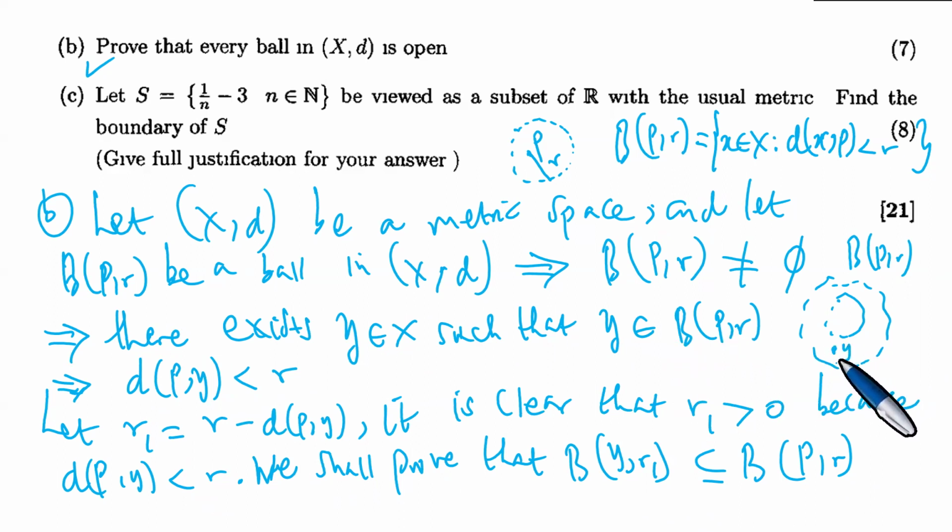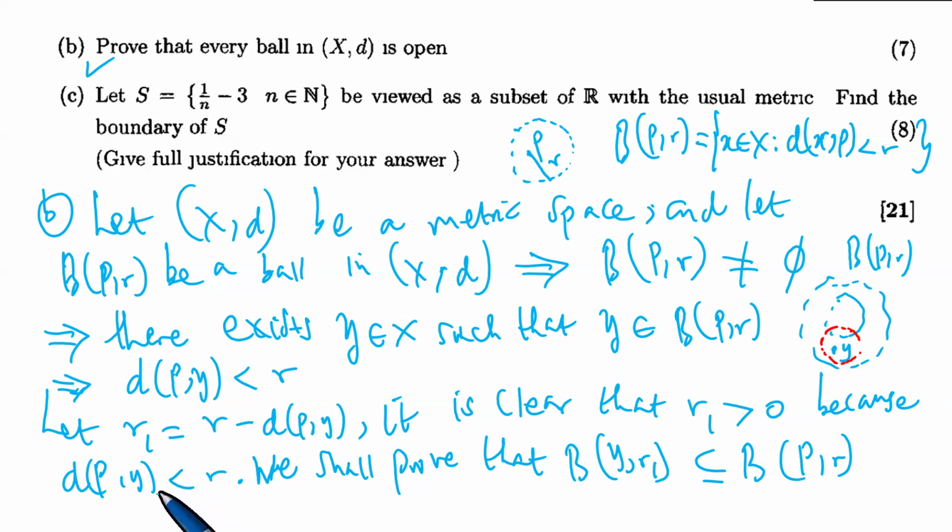So y is sitting somewhere here, inside this ball. Now, if we were to form a ball around y with a smaller radius, surely the argument we're making is that this smaller ball becomes a subset of the larger ball of center P and radius r. This is true by construction of the smaller radius R1.